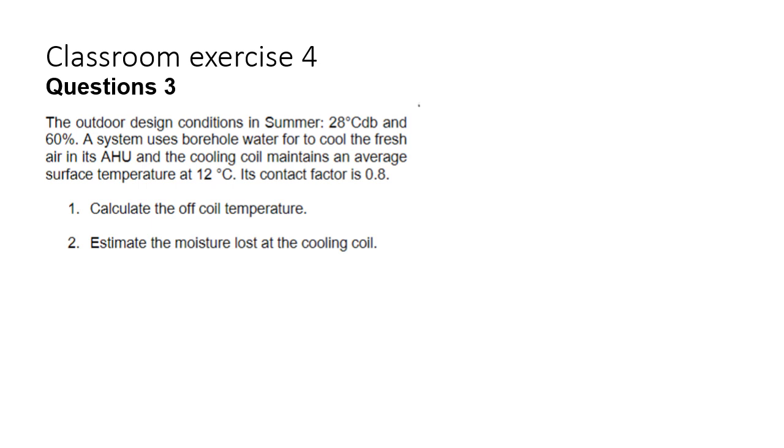Not only is there a temperature drop, but also a loss of moisture, and we need to calculate how much. This is slightly more difficult than the previous one, because it involves sensible heat and also latent heat.